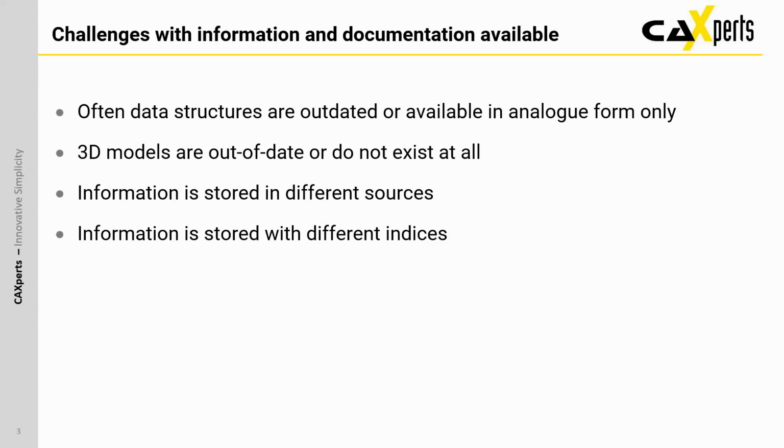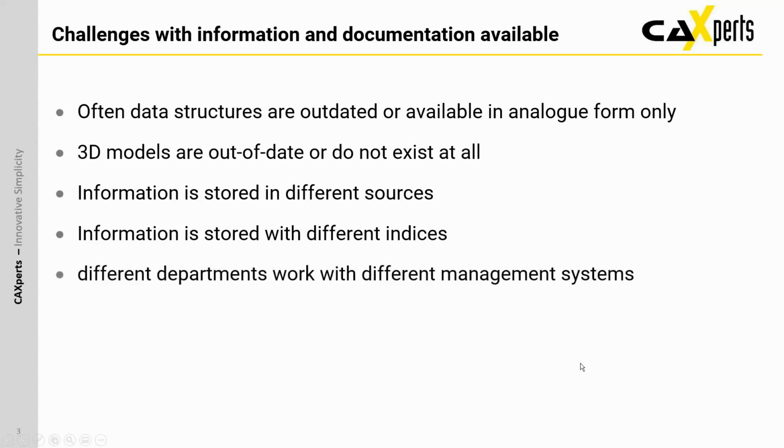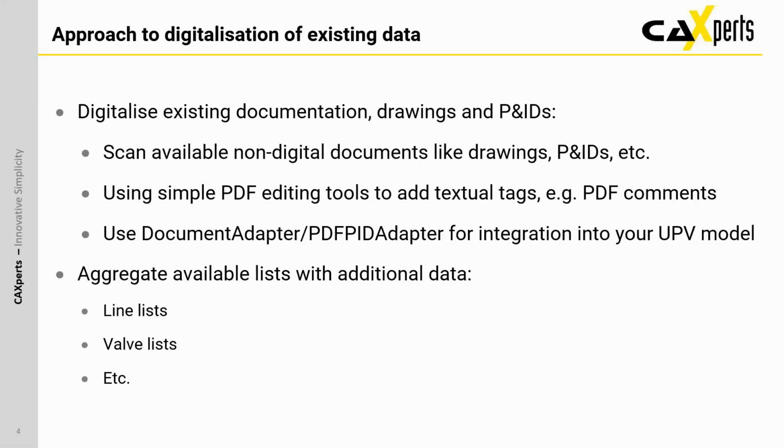So identifying which documents, which information actually belongs together to get it on a common ground. And different departments work with different management systems. So, for example, maintenance might use a totally different software than operations or EHS. So, getting centralized information could be difficult here.